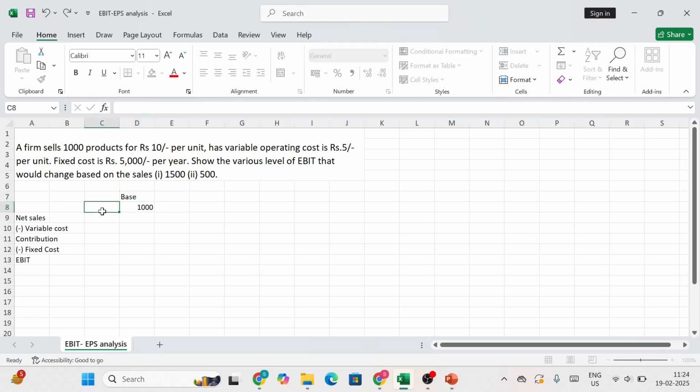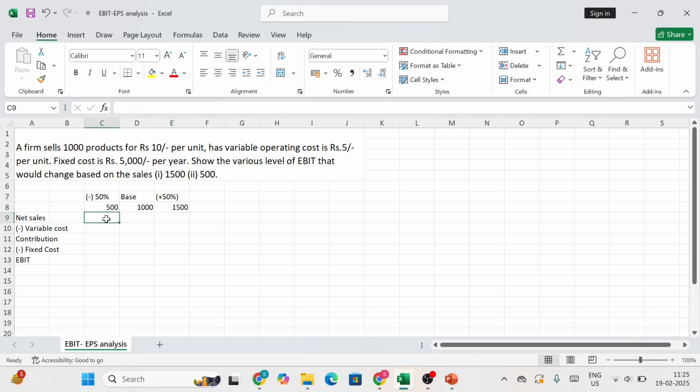Then you are decreasing the units to 500, and also increasing the units to 1500. If you compare 1000 with 500, this is minus 50%, and here it is plus 50%. Now we have to see what changes you can make in your EBIT.